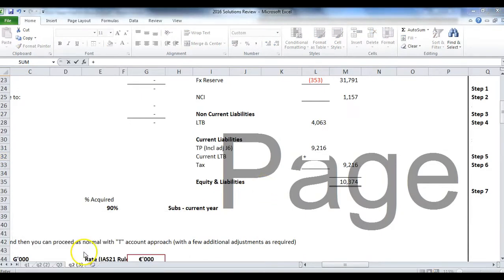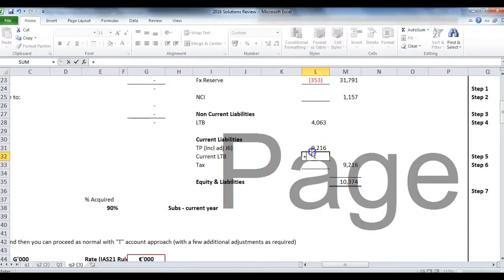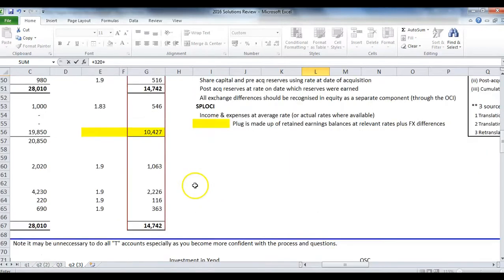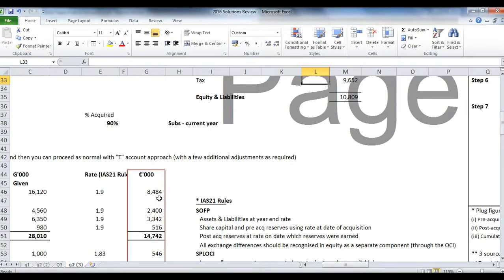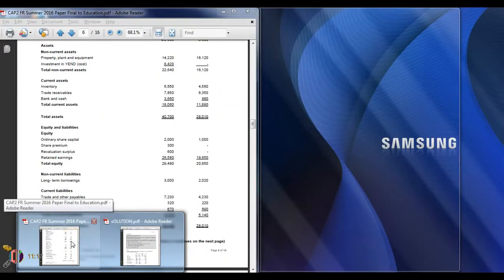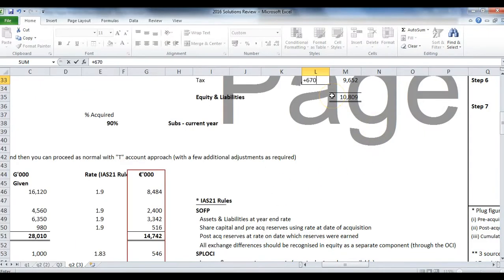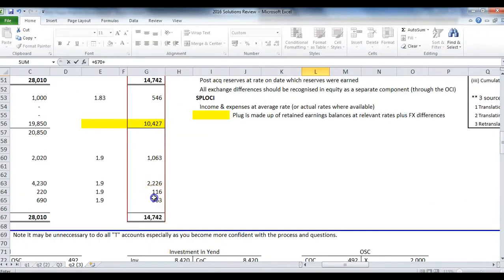And again, we'll just wrap up these two. Current long-term borrowings is 320 plus 116, and tax is 670, correct? 670 plus 363.